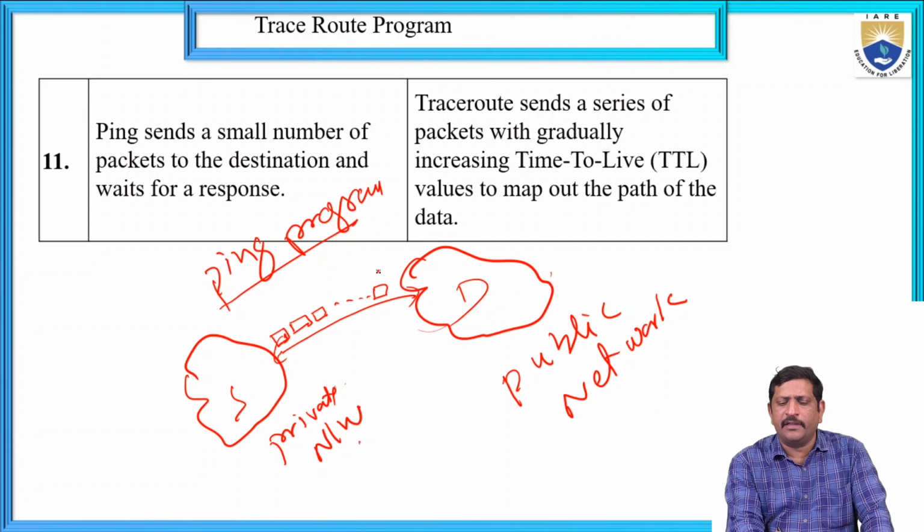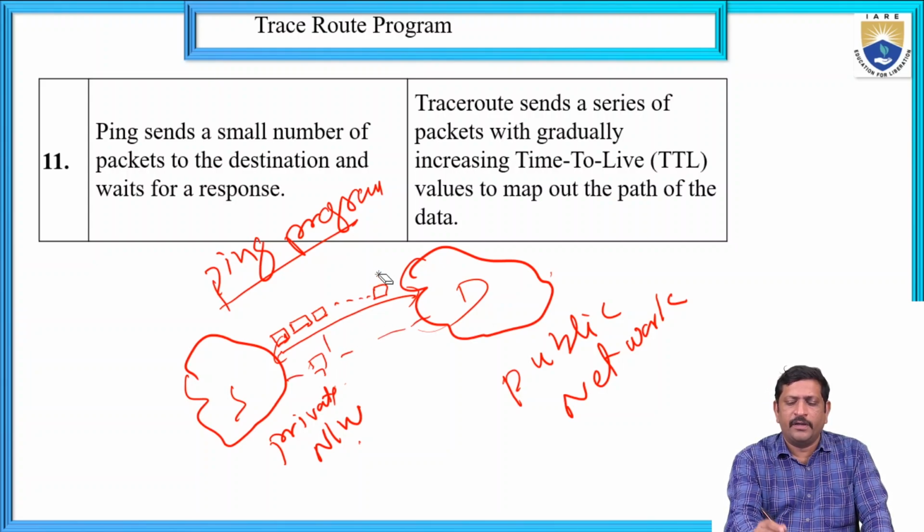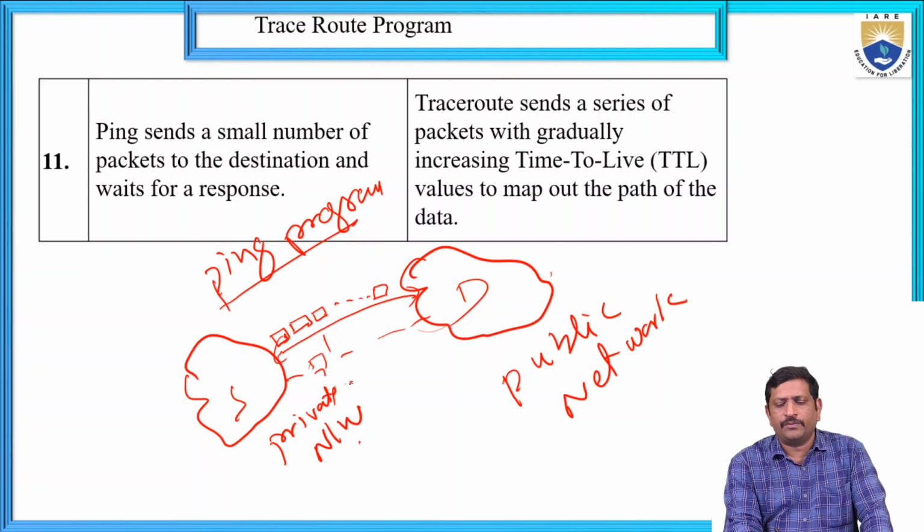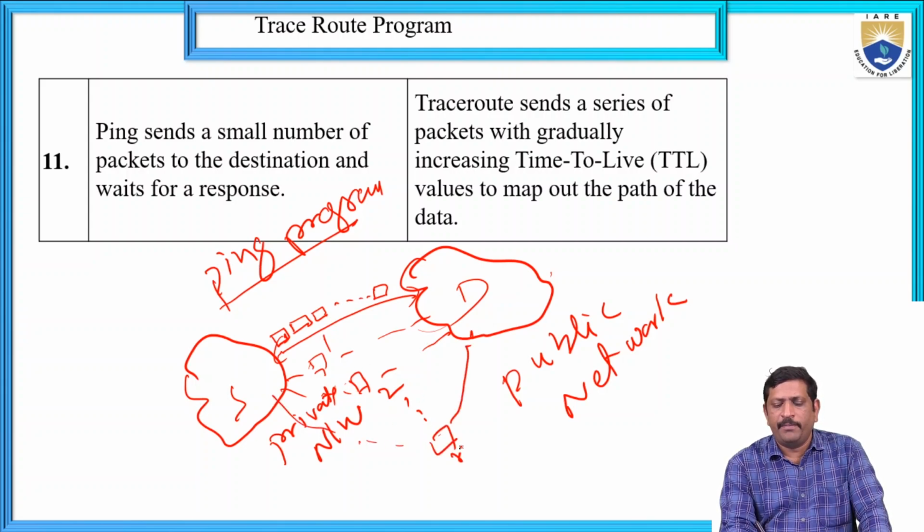First it sends packet 1. After completing packet 1 transmission, it sends packet 2, up to packet n, one by one serially.